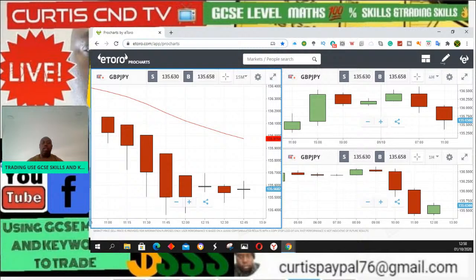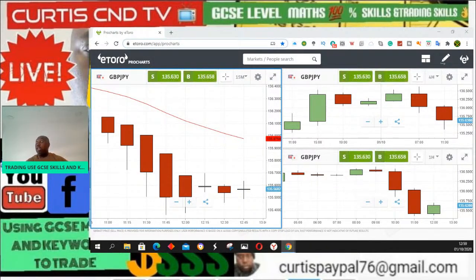Now, if I show you the Great British Pound, you can see here it's below the 15 minute, it's below the 20 moving average. Okay, the 20 moving average, you can see for the last hour, for the last 2-3 hours, it's been low.